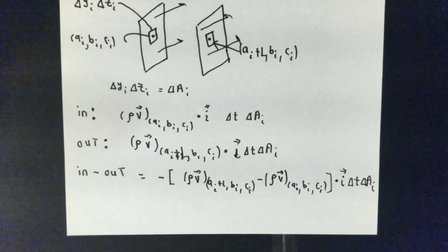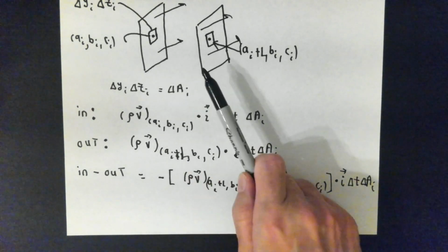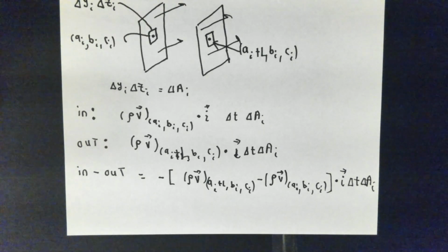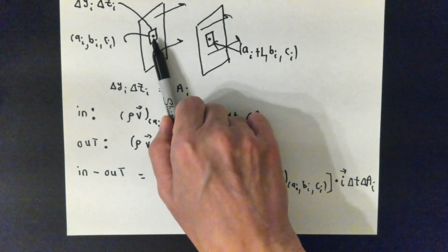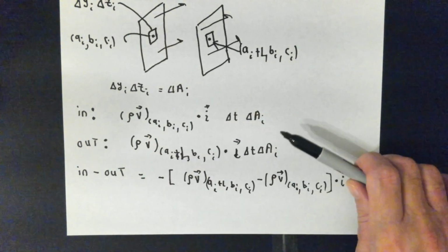Based on our previous ideas, if within each of these two faces of the cube I select small squares of area delta A_i, which in this case is delta y_i times delta z_i, we can figure out how much material flows into the cube through this small piece of this face of the cube in this way.